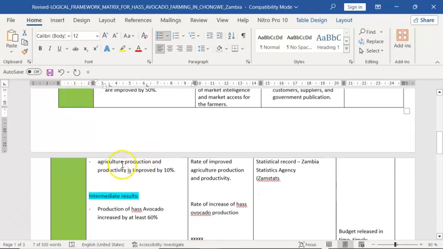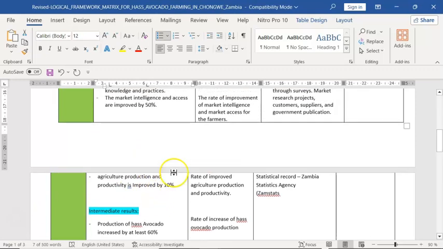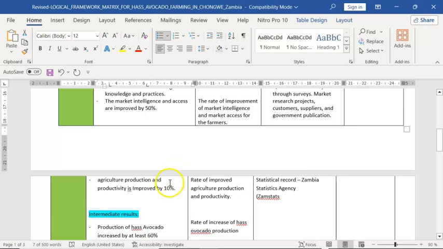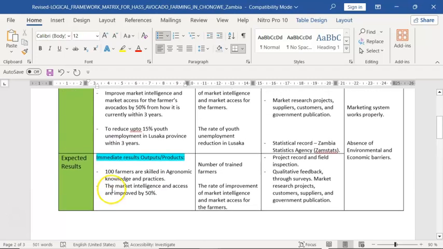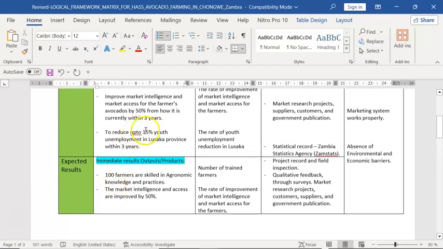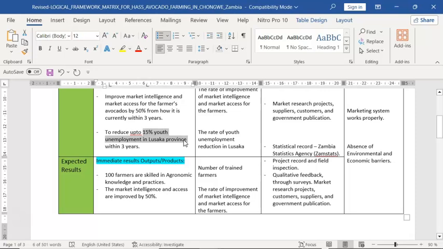Production is improved by, no, that should be a mistake. It should correspond actually. So it should be rather the unemployment rate is reduced in Lusaka province by 15%.